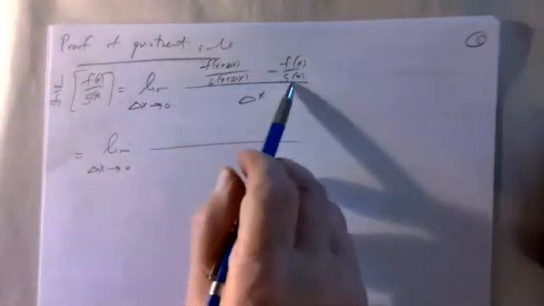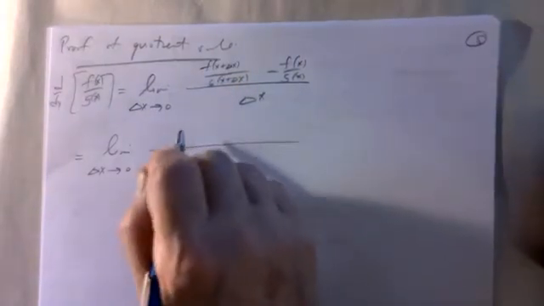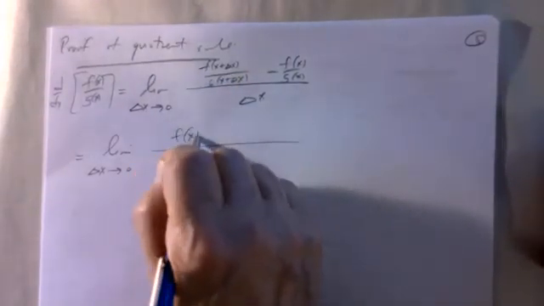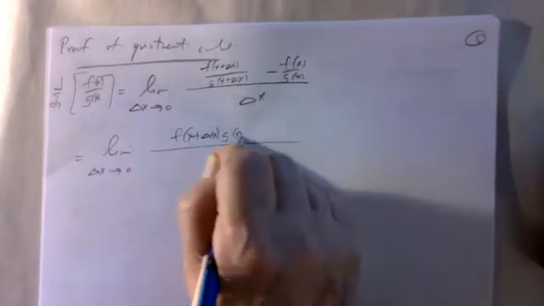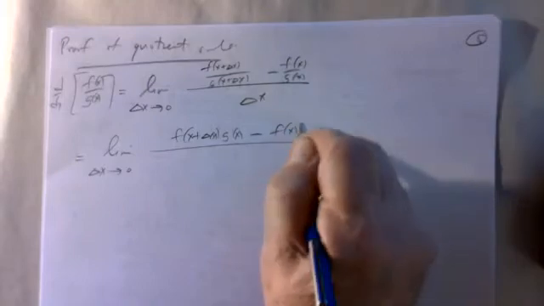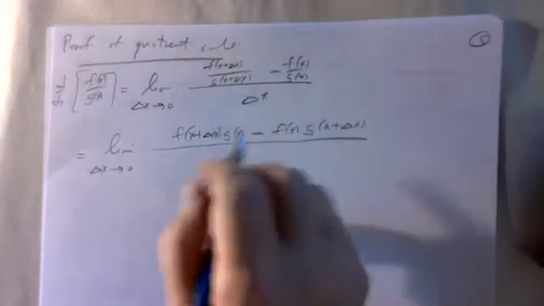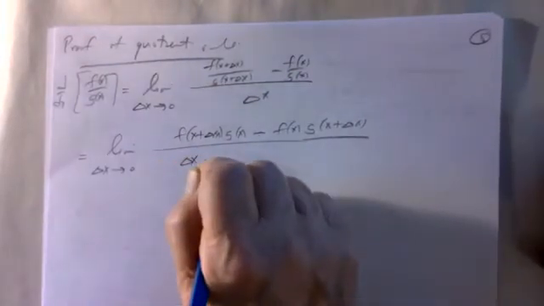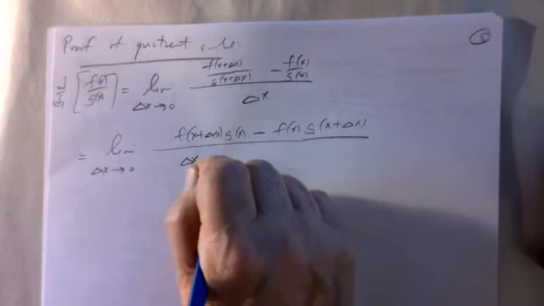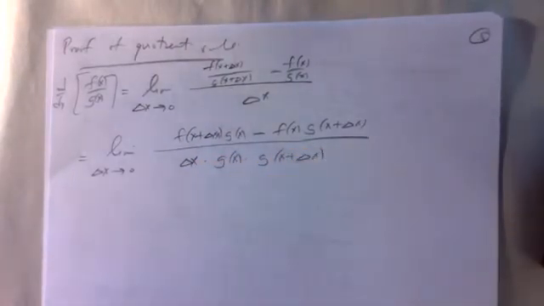If I multiply through by g of x times g of x plus delta x, I get f of x plus delta x times g of x minus f of x times g of x plus delta x, divided by delta x times g of x times g of x plus delta x.